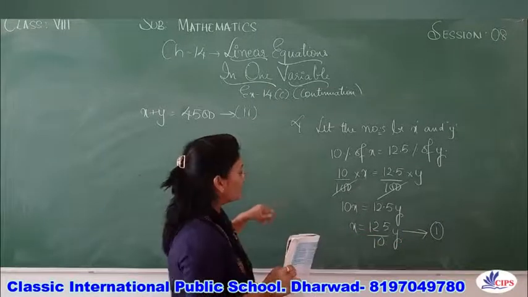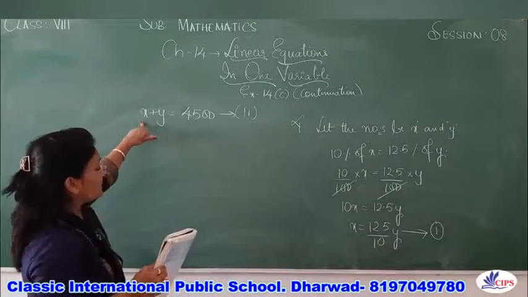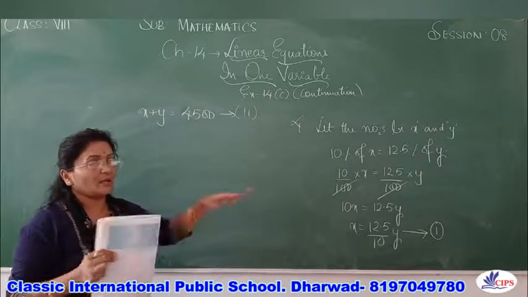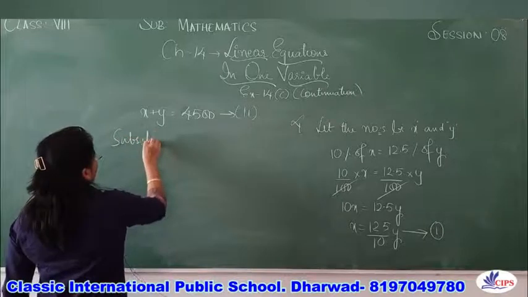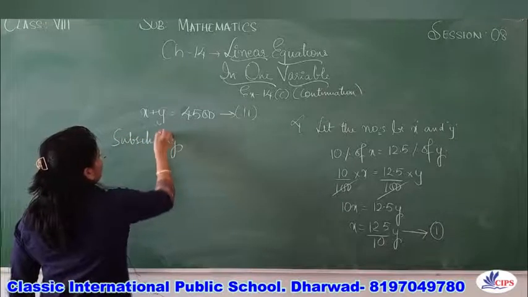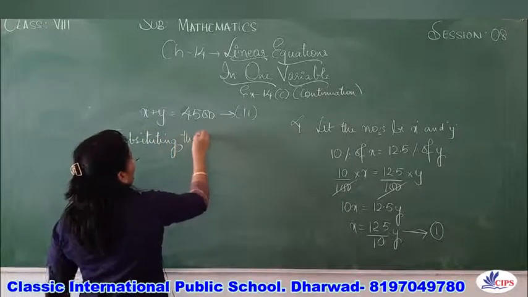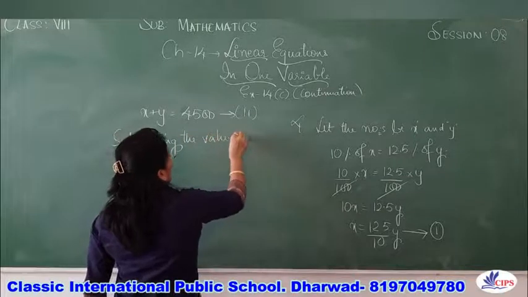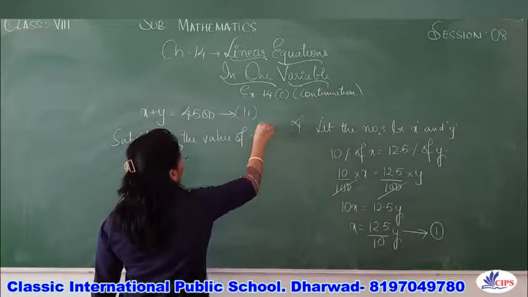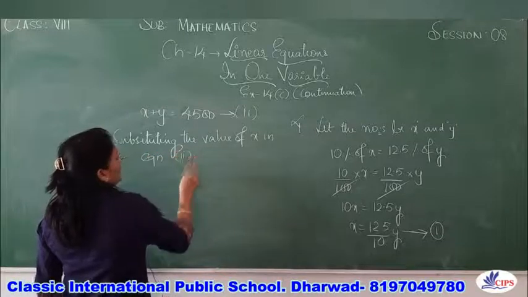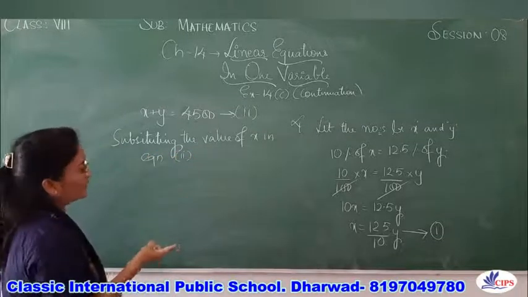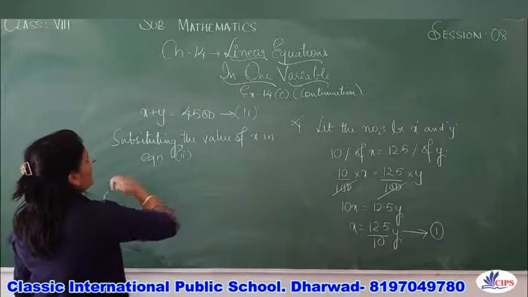Now what we can do is, in place of x we can put that value. So let us substitute it. Substituting the value of x in equation 2. The value of x we have got in equation 1, we will substitute into equation number 2.